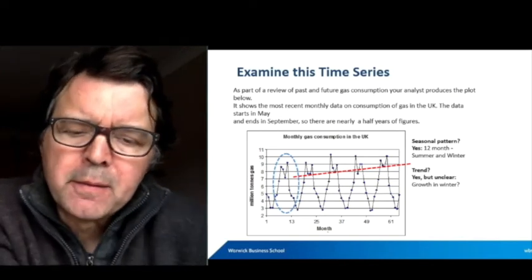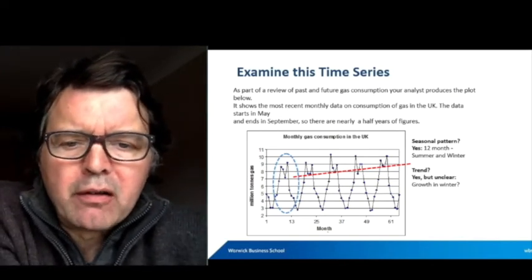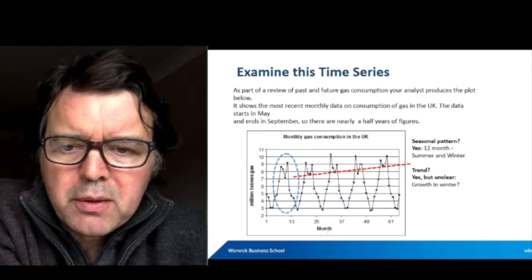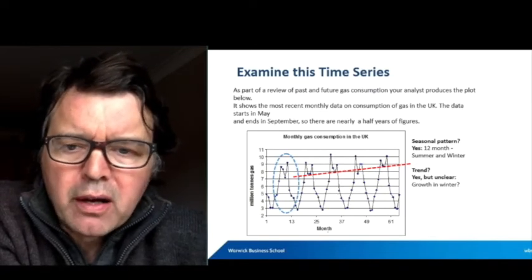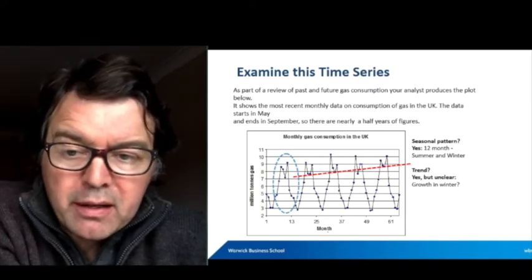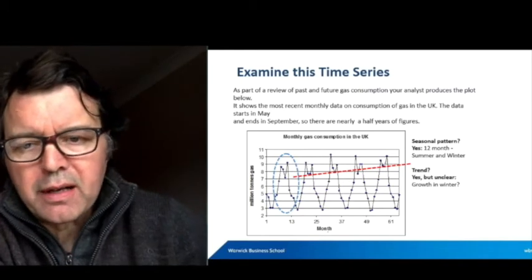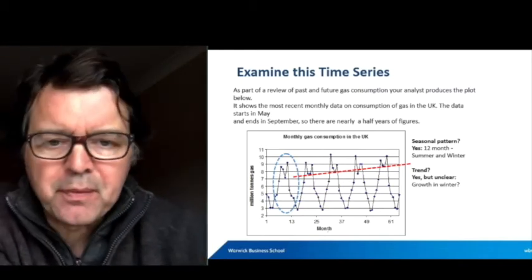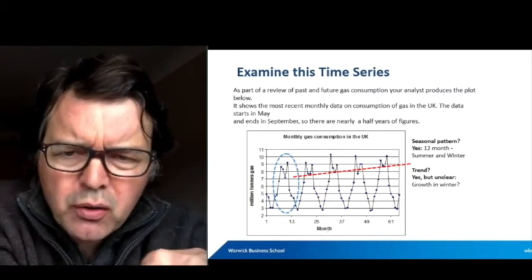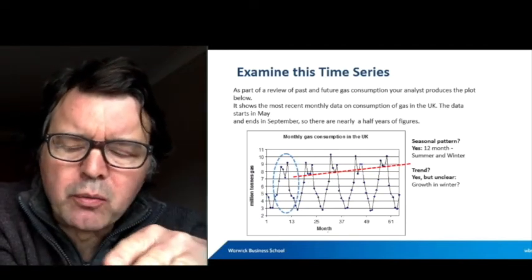So again, if we were making a forecast into the future, we would say, yes, we're very confident that there will be seasonality in the data, but we're not at all clear about whether there's a trend.